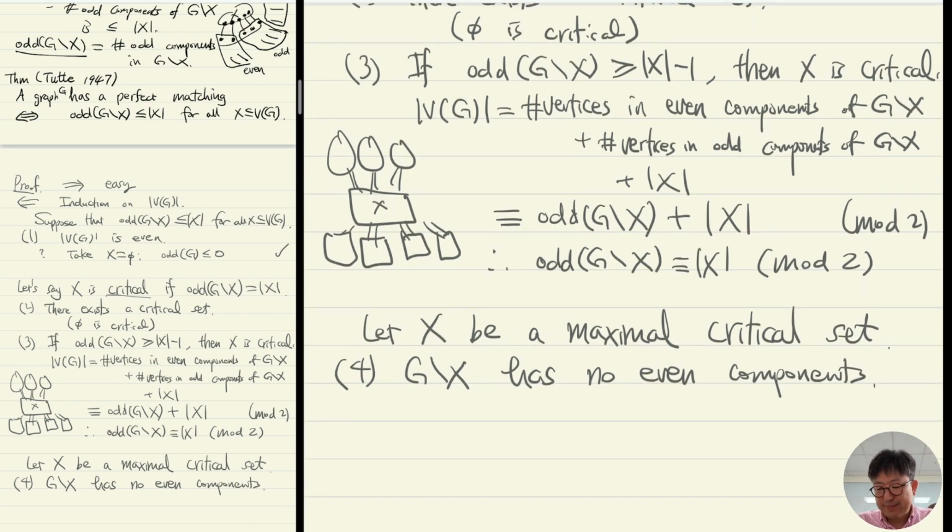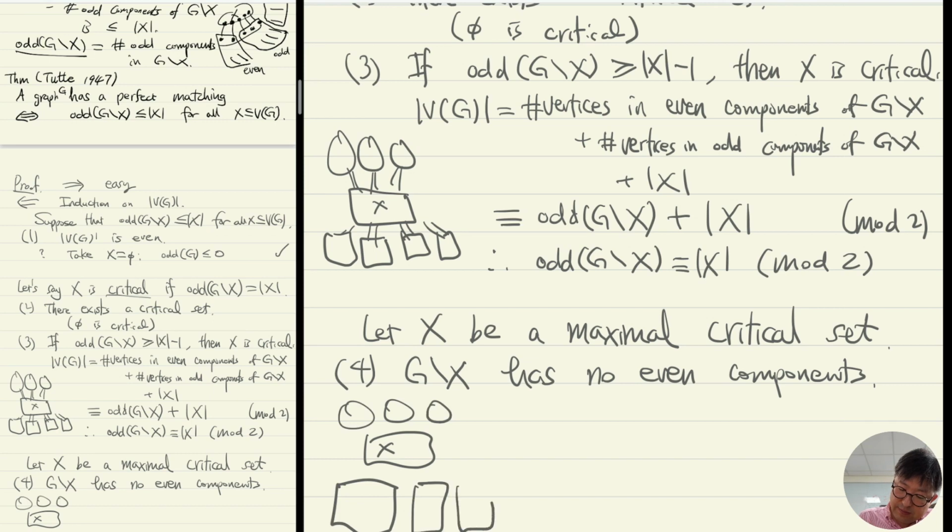Why? Suppose it does have even components. Now we want to find a bigger critical set.